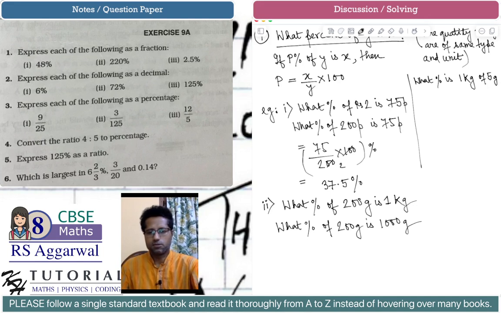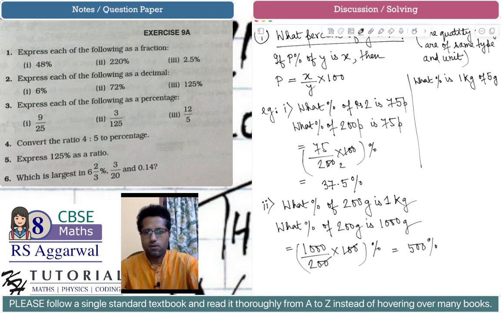So this will be equal to 1000 divided by 200 multiplied by 100, this much percentage. If you do the cancellation, it will be equal to 500 percentage.